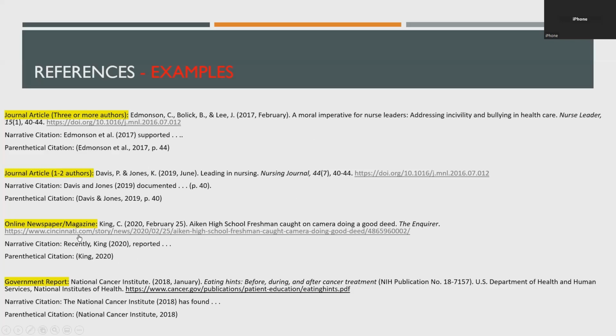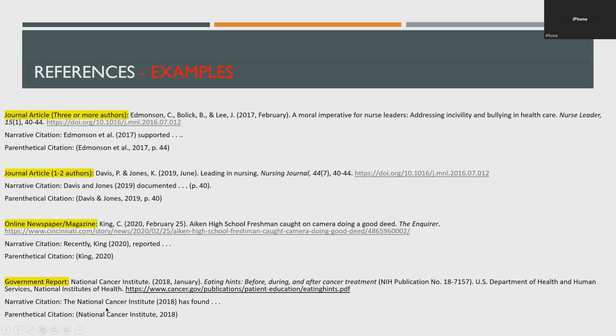So here's how you cite an online newspaper or magazine. Here's how you cite a government report. Notice that there's no author, but instead we have the institution. So it has what we call an institutional author. This is published by the National Cancer Institute. This is a periodical, so we're going to put the month there.